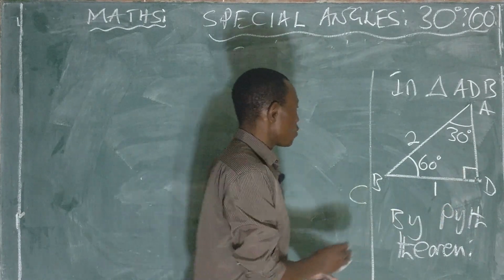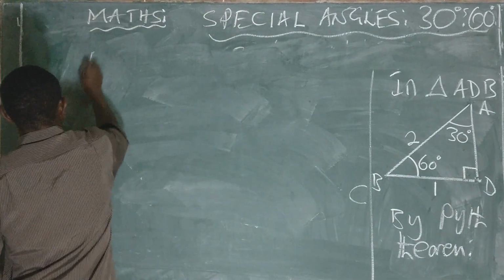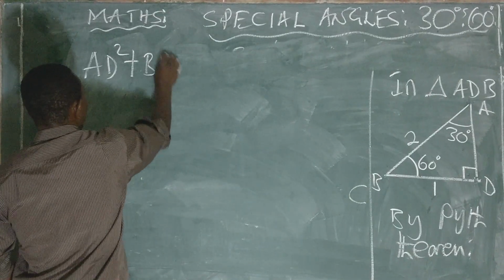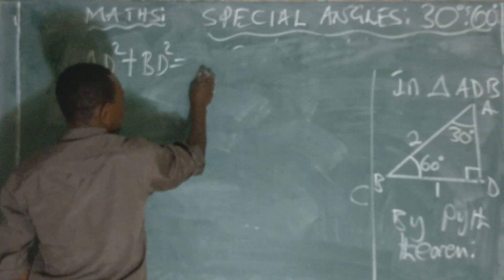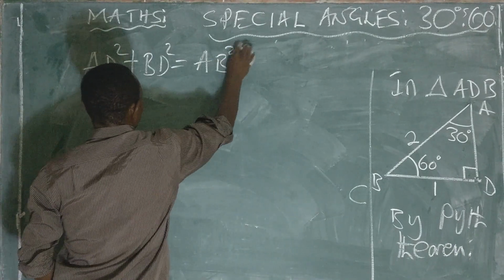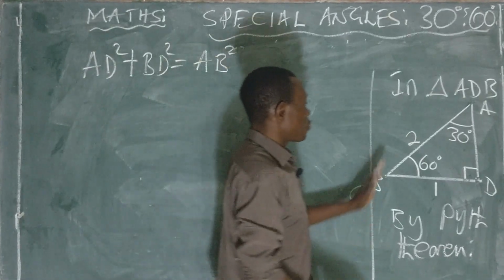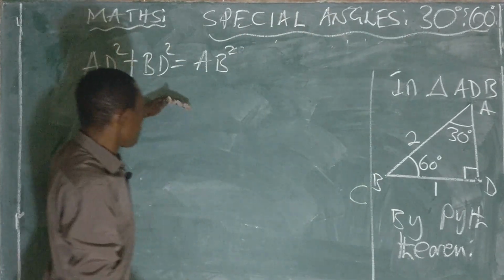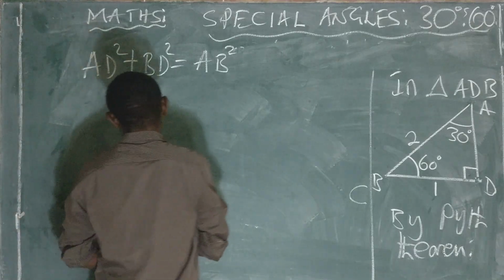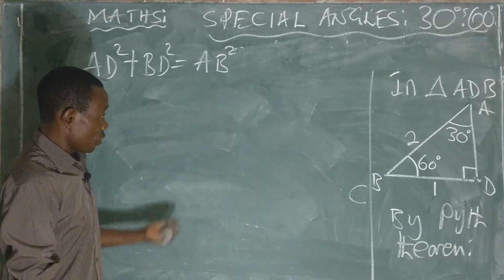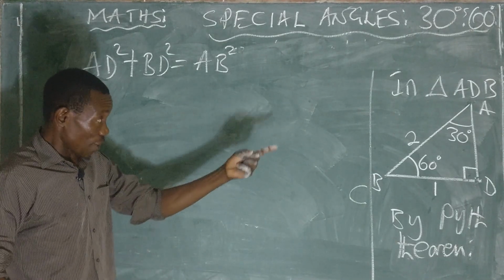So in this case, the squares of the other 2 sides, we talk of AD squared, if you add BD squared, that one will give you what? AB squared. So this is the statement of Pythagoras. So now if we are to substitute for the values of those mentioned sides, you'll realize that AD is not given, and that's the target, we like to find that side.